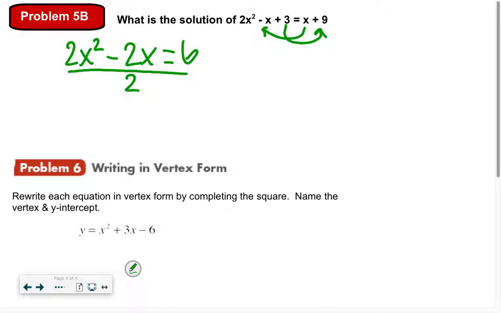So this simplifies to x squared minus x equals 3. So here's step 1. Okay. So far so good.